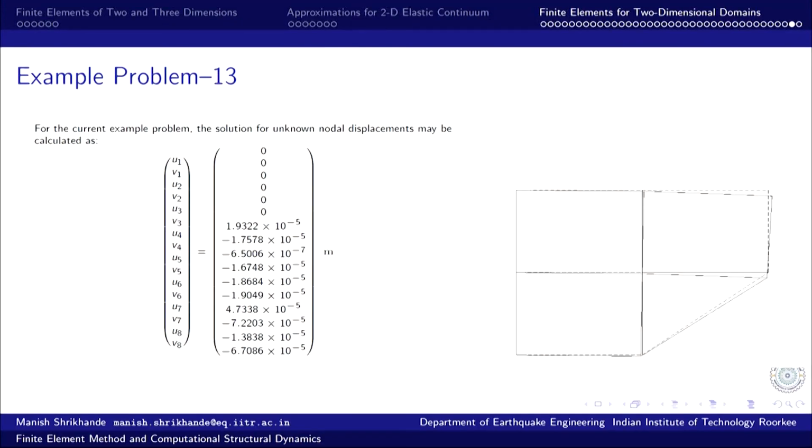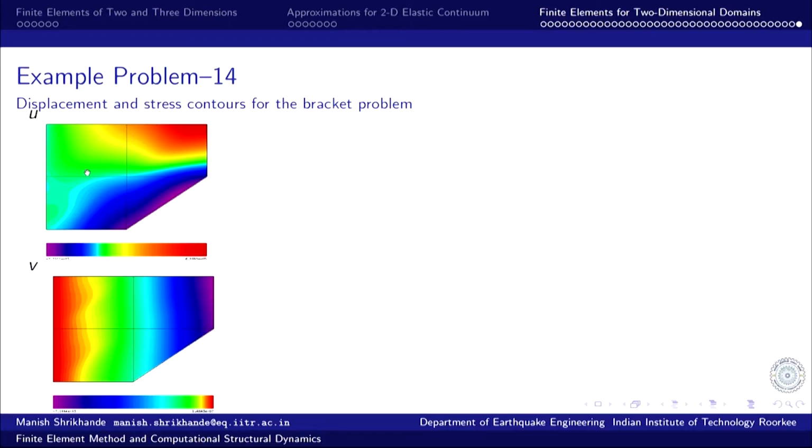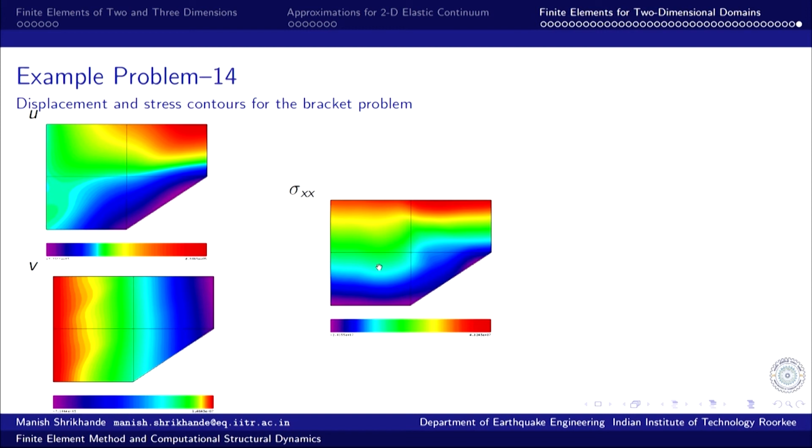This is often referred to as a wireframe diagram of the deflected shape, and once I extract these and go back to the element level equations, I can derive the secondary variables, the stresses. So, this is the displacement u and v all throughout as a function of x and y. This is sigma xx.